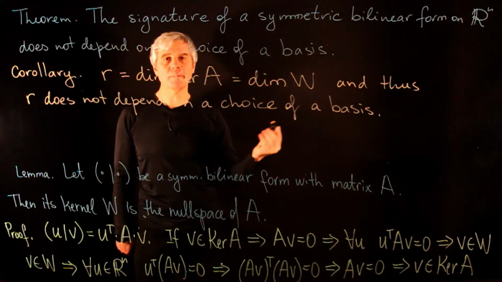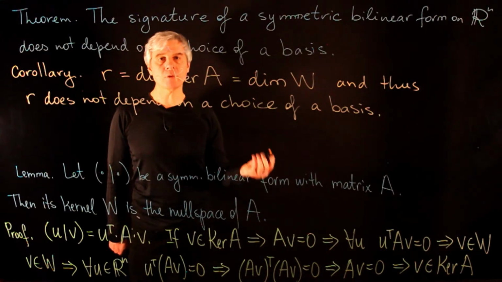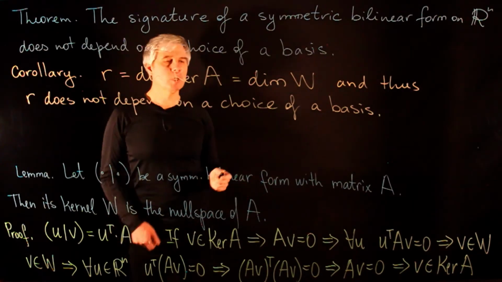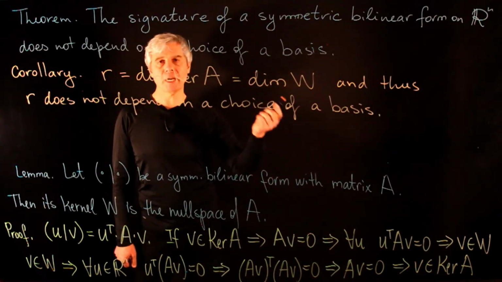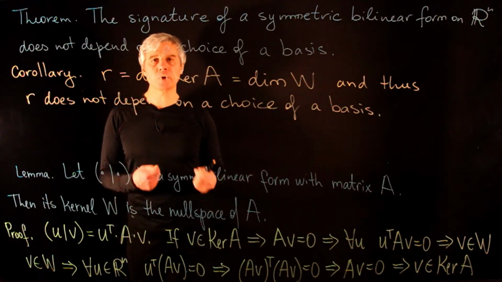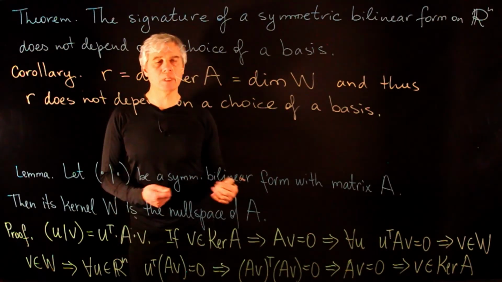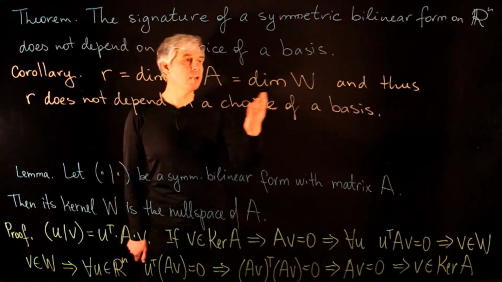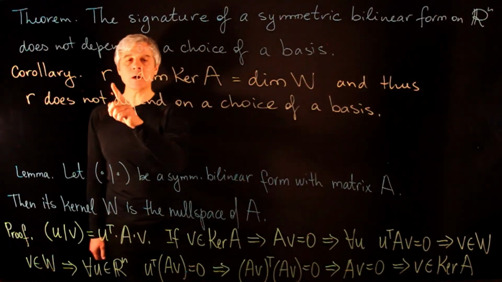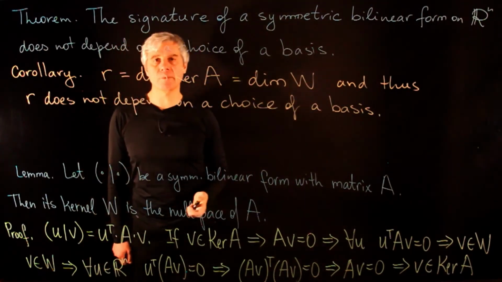But the kernel of the bilinear form does not depend on the choice of a basis, because we defined the kernel of a bilinear form purely in terms of the bilinear form itself and not in terms of matrix A. And thus, the value of R does not depend on the choice of a basis.